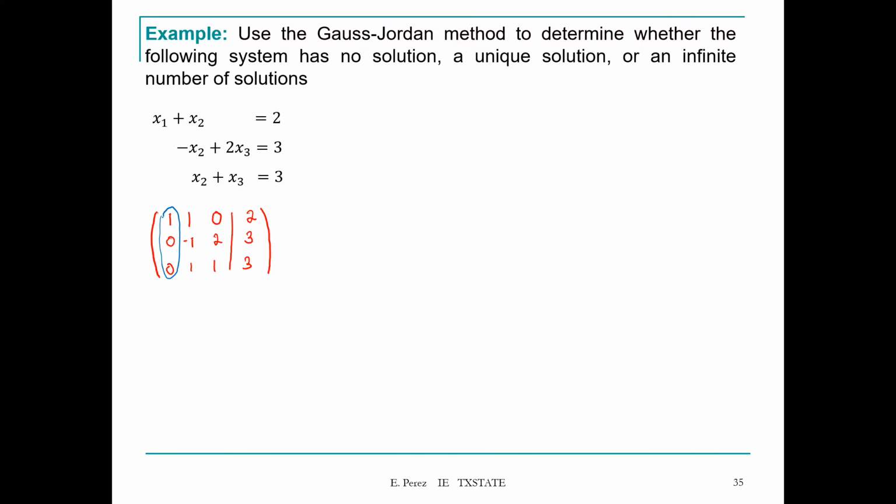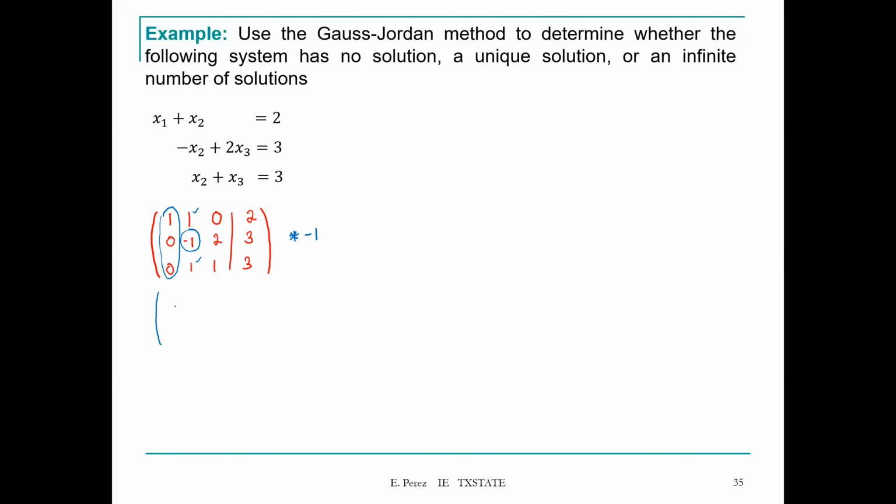So this column is good. Now I'm going to move to the next column, and in this case, I want to make this number equal to +1, and the other two values in that column have to be equal to 0. In order to make that value equal to 1, I'm going to multiply that row times -1. And the result is the following matrix.